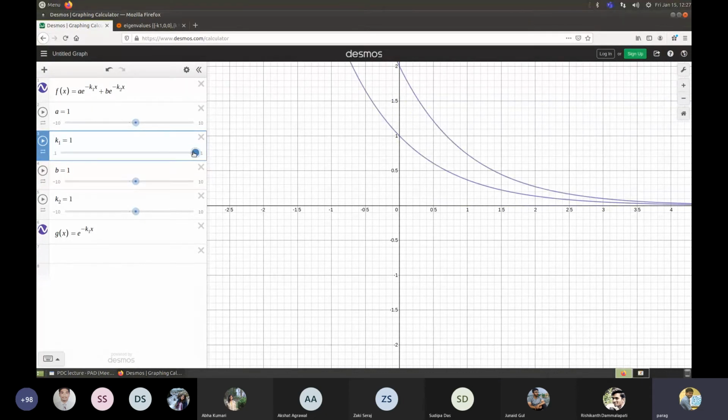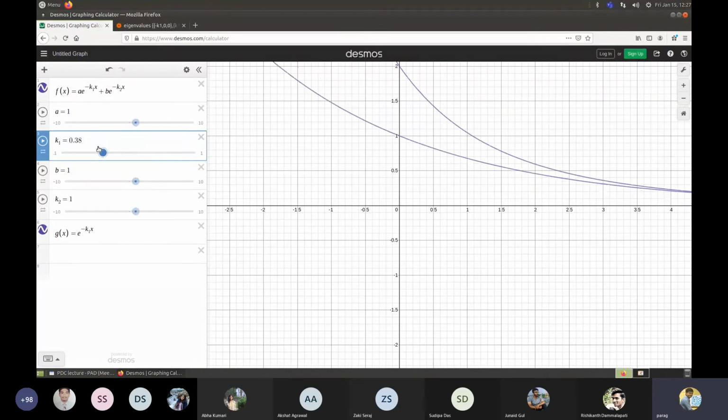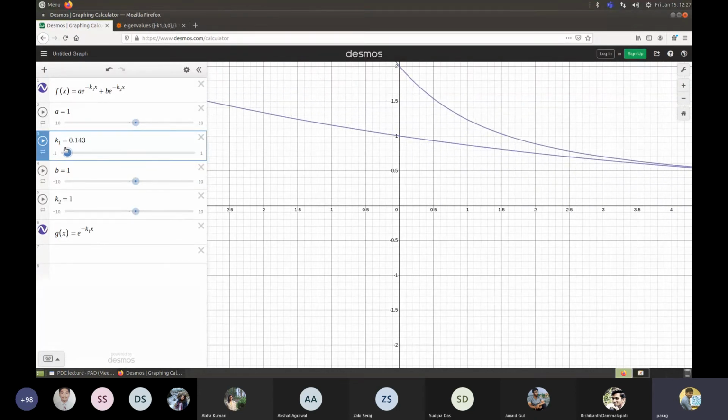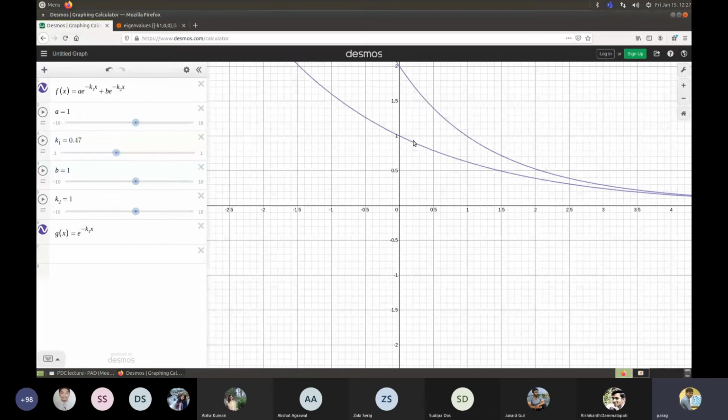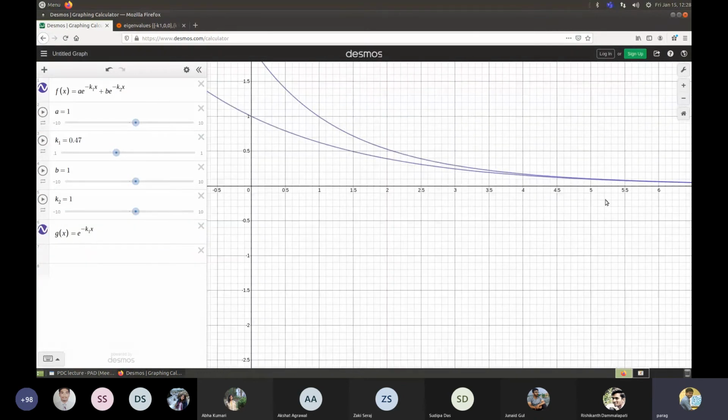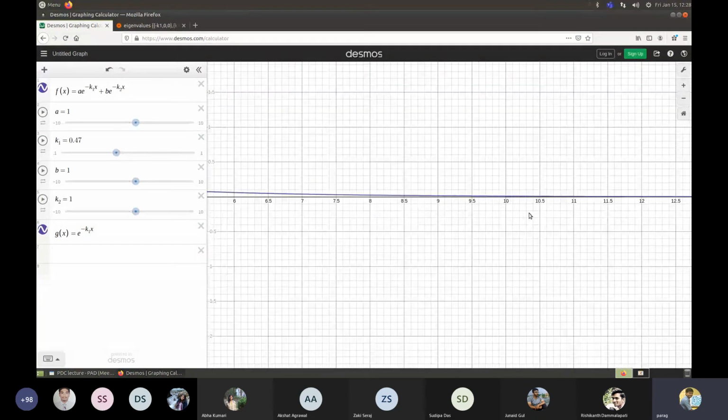So what you see is that it doesn't matter what the value of your rate constant is. Just focus on this particular plot. The concentration of A will always reduce with time, and you see that it tends to become 0.